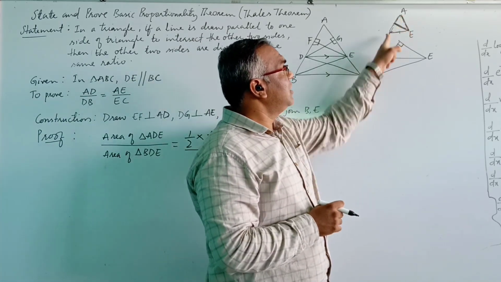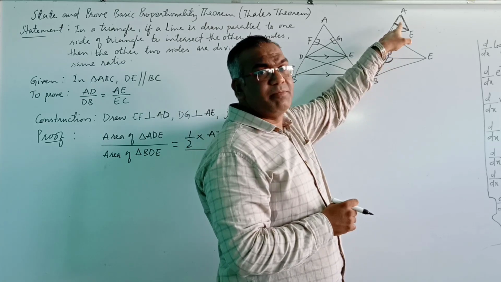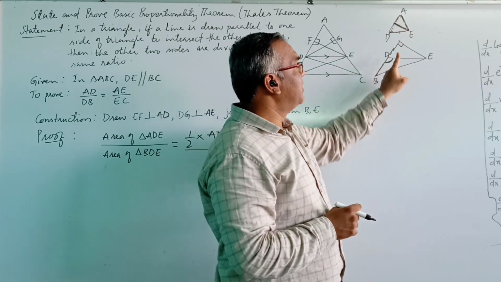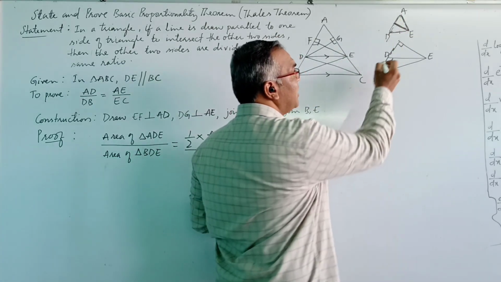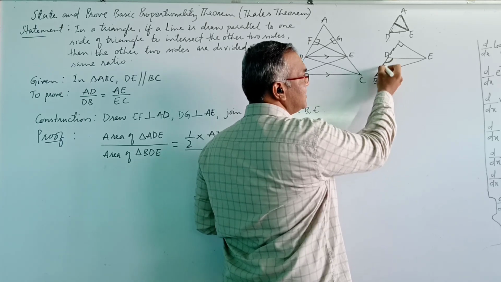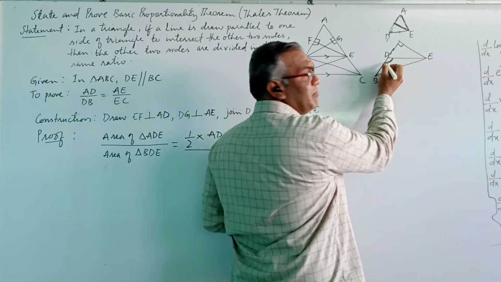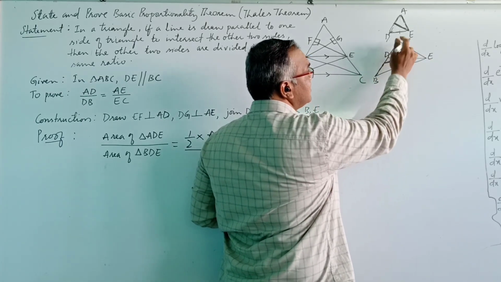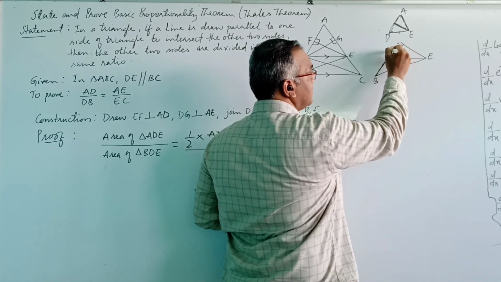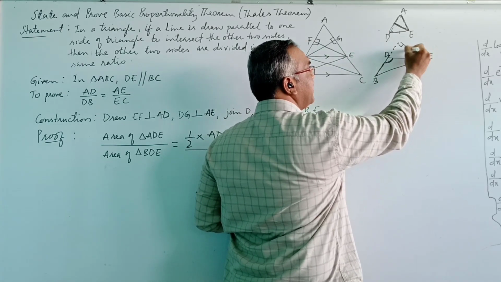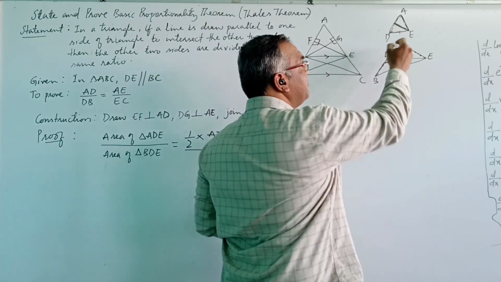In an acute triangle, the height will be inside the triangle. But in an obtuse angle triangle, where the obtuse angle is formed, if you take this as base, you have to extend the base, and then draw a perpendicular. That will be the height.